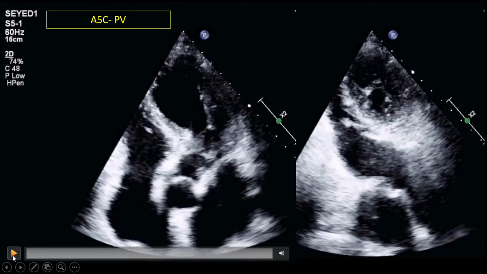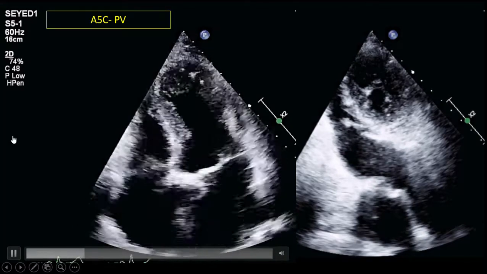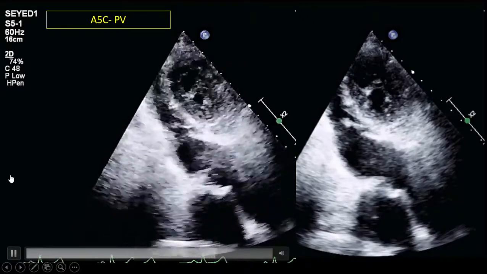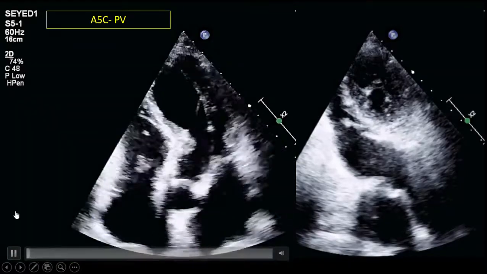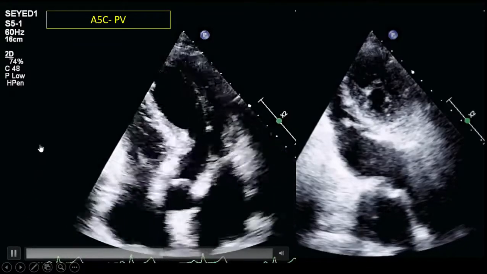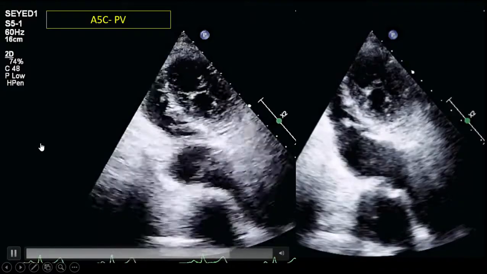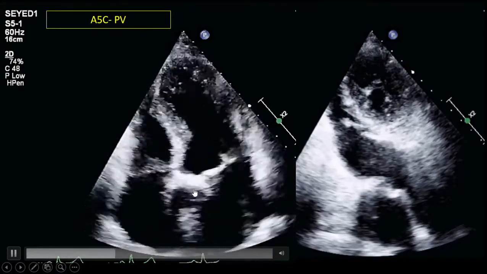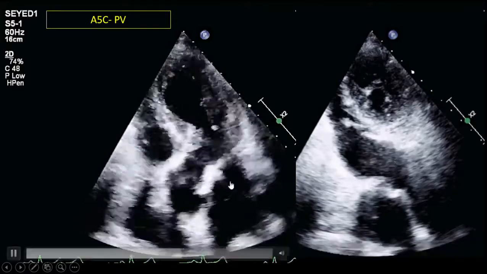Another extra image that in apical 5 we can get is the apical 5 pulmonary valve. From the apical 5, in some patients, not all patients, based on body habitus, if you continue fanning more anterior, the aorta disappears and the pulmonary valve shows up here.